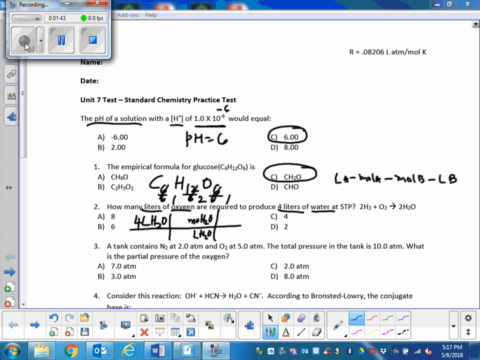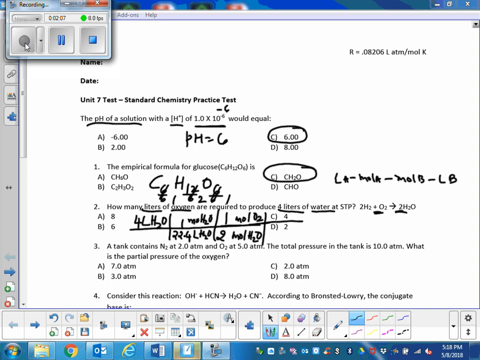The number that goes before liters is 22.4, which is 1 mole of water. I bring down moles of water. Now I am in mole A, so I have to go to mole B, which is moles of oxygen. I get this from the mole ratio in the equation. Water is 2, oxygen is 1, so I'll substitute 2 and 1.